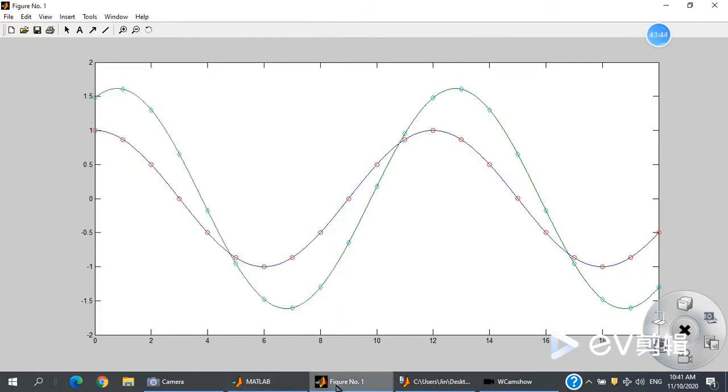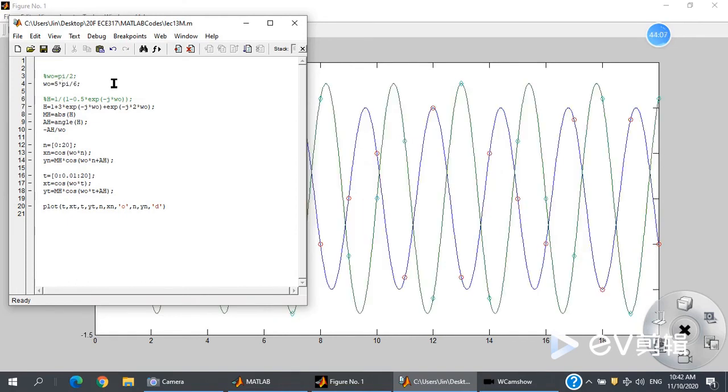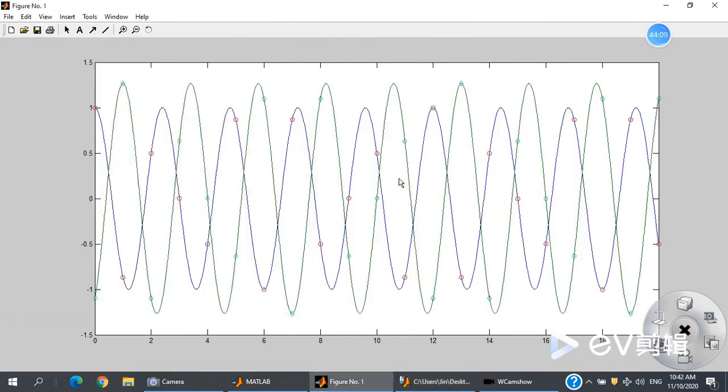And if we go to a different example, like I go back to this one. This one I have integer delays. If I use a different omega 0, like 5 times it, what will happen? Oh, like this. Yeah, it's also a shift, right?